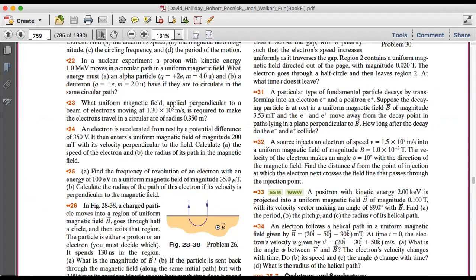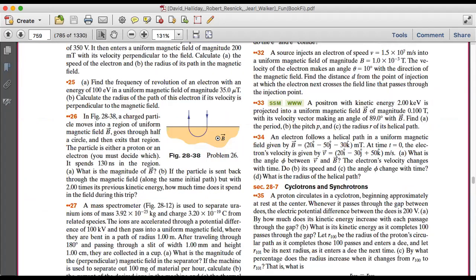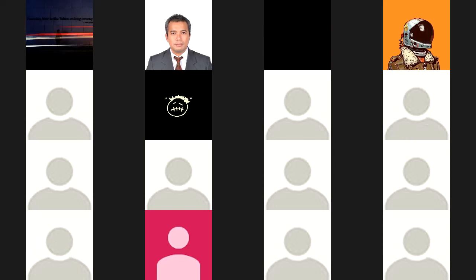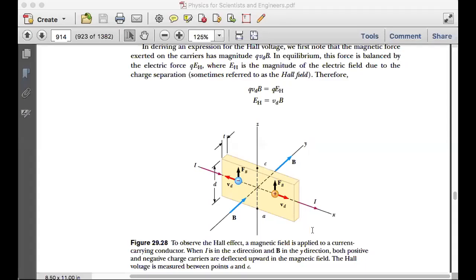Let's start with another section, unless you have a question. Okay, let's start with the source of the magnetic field.